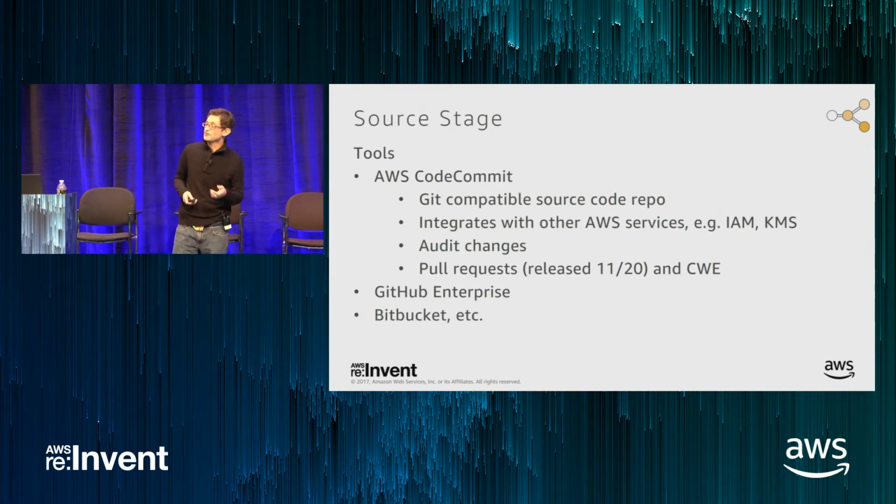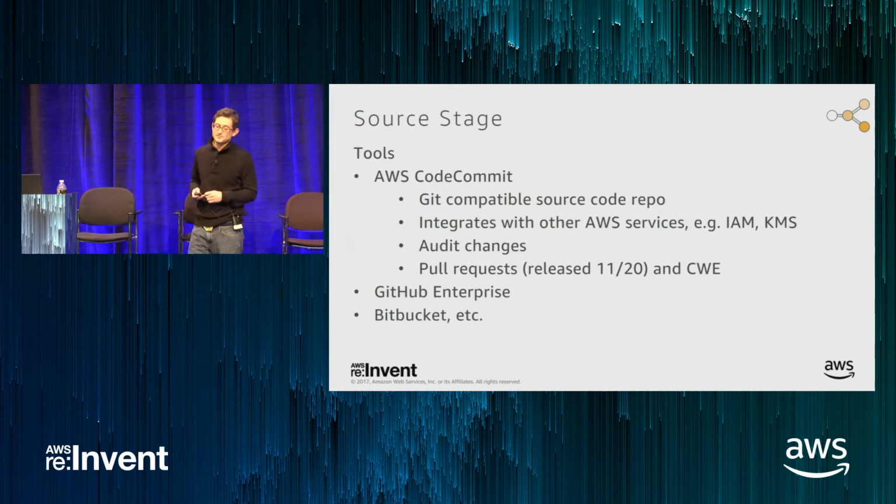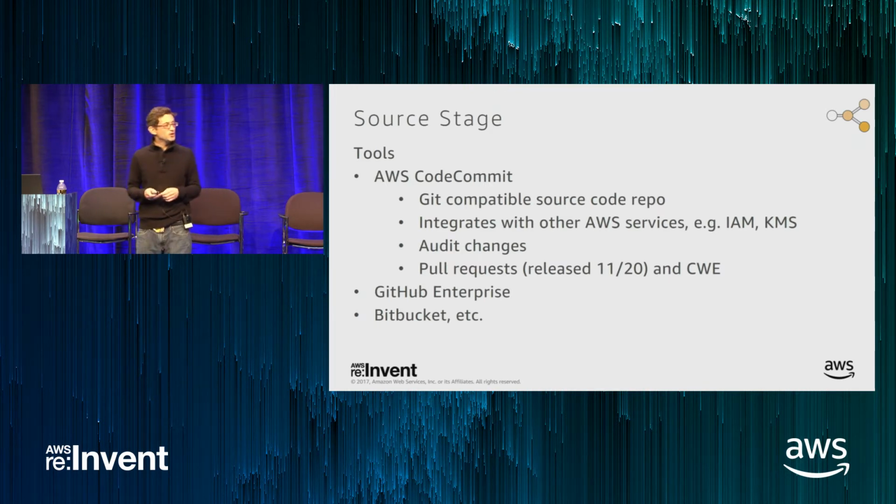The source phase involves checking in your code into a shared code repository like Git or CodeCommit, which is a fully managed Git-compatible service from AWS. With CodeCommit, all the files that you push to a CodeCommit repository are encrypted using a KMS key for added security.